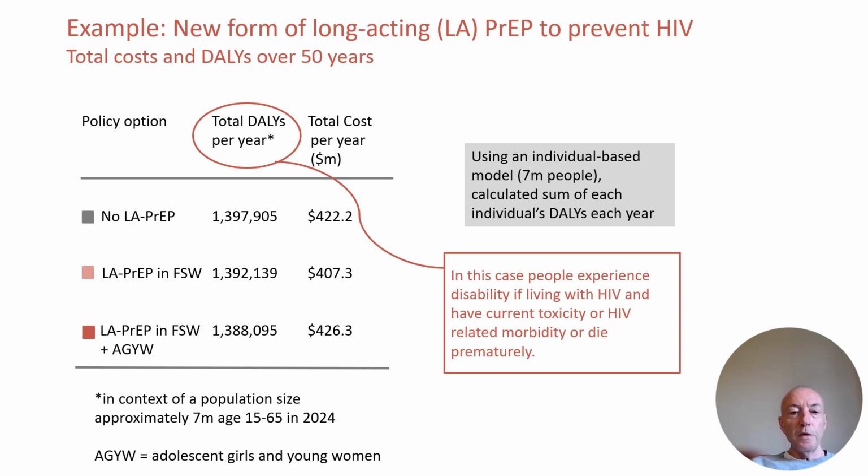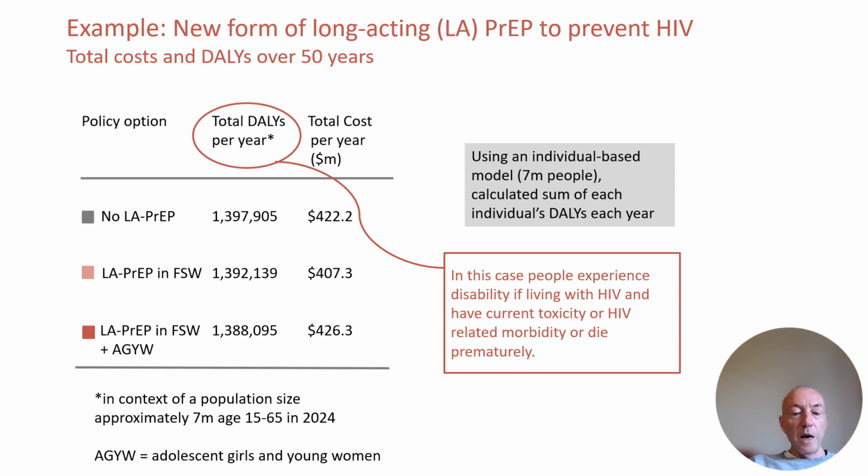And we've run it over 50 years and we've calculated costs and DALYs, taking into account discounting. So the first policy is that there's no long-acting PrEP introduction at all. The second policy in pink is that there is introduction of long-acting PrEP, but that's only in female sex workers, FSW.